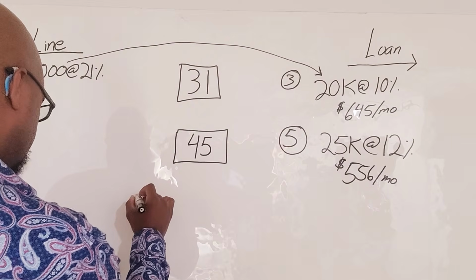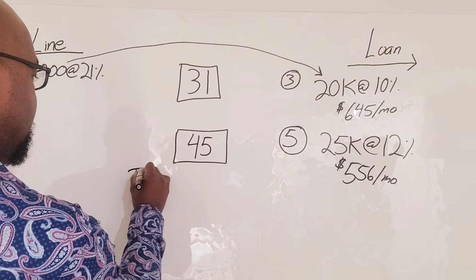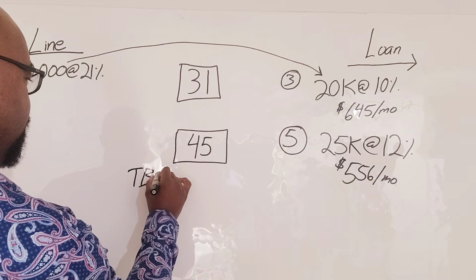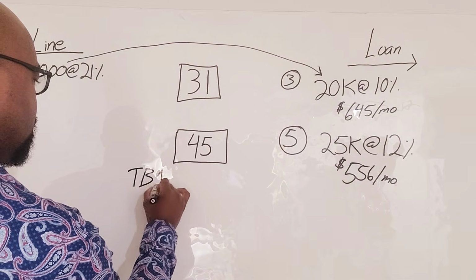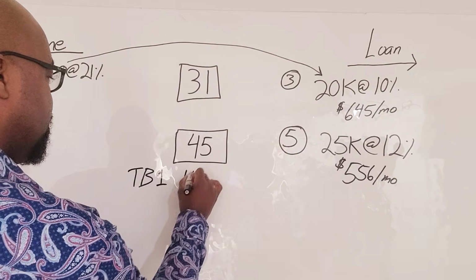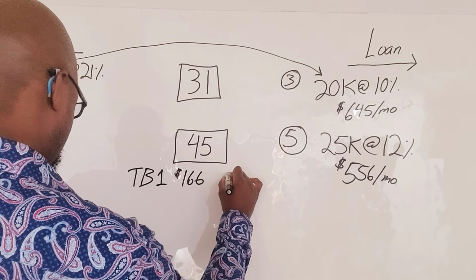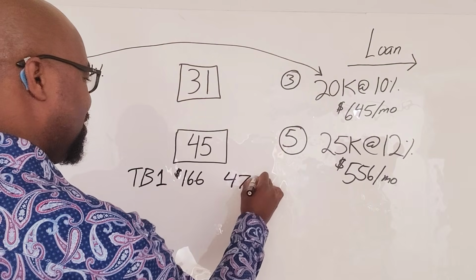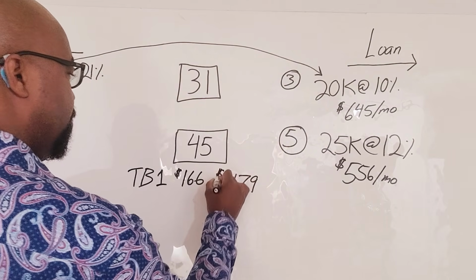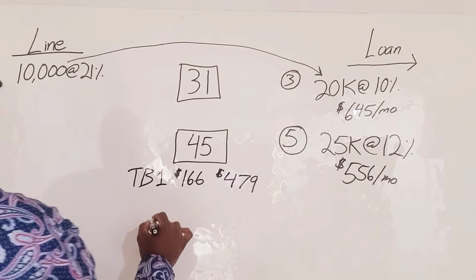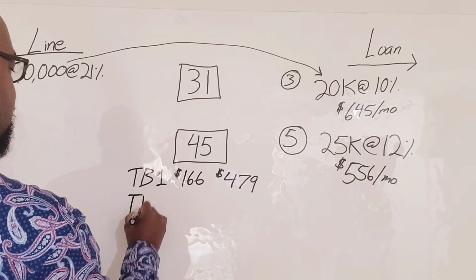The first loan is going to look like this. This is from TB, that's traditional banking. And the first month is going to be $166 to interest and $479 to principal, all right? So that's the first month. Let's go all the way down to TB12.